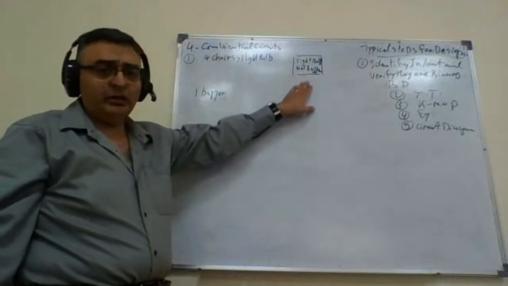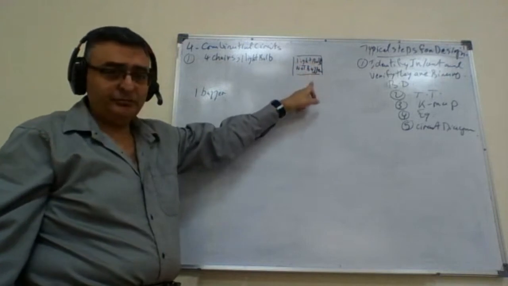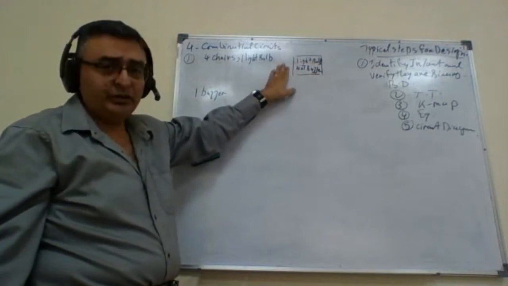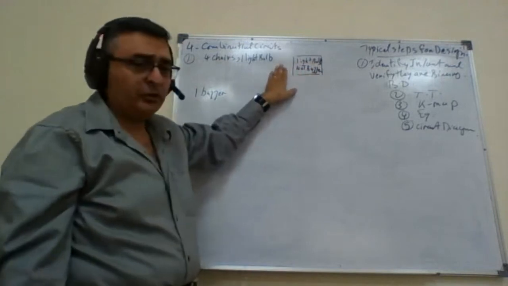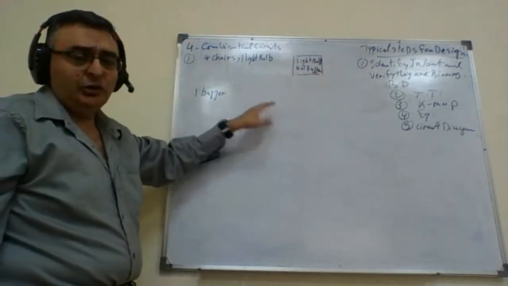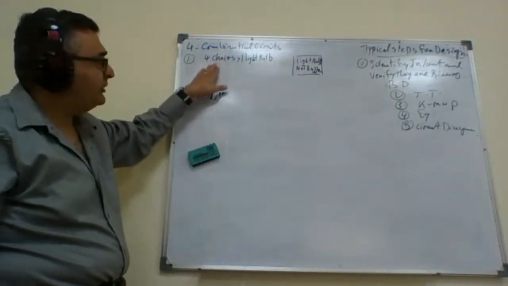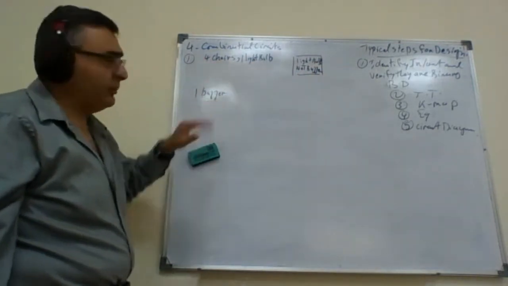We have a block diagram with the name of the problem, light the bulb, not the buzzer. We still want to identify the inputs and outputs of the block diagram. The slides describe 4 chairs, 1 light bulb, and 1 buzzer.